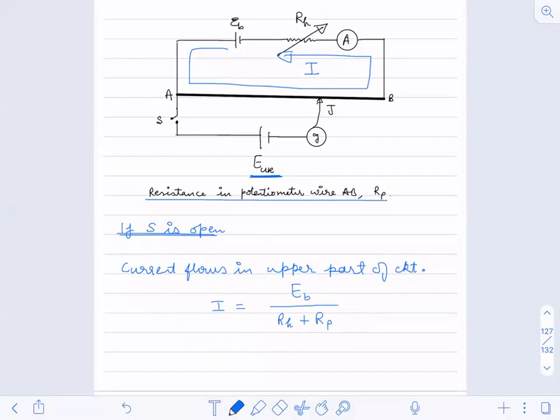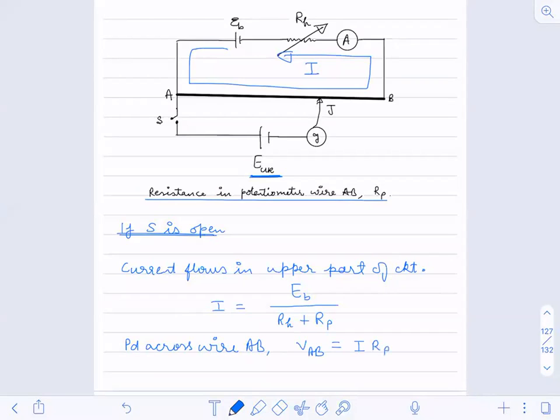Now in this only, if I want to find out the potential difference across wire AB, what will you be writing? VAB. How will you write? The current flowing through the wire into the resistance.